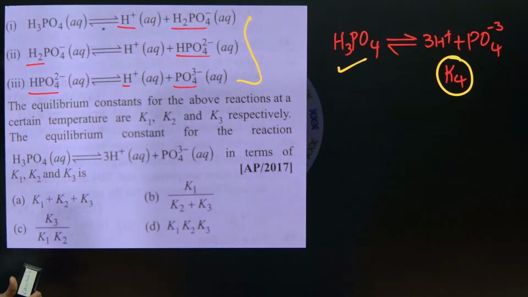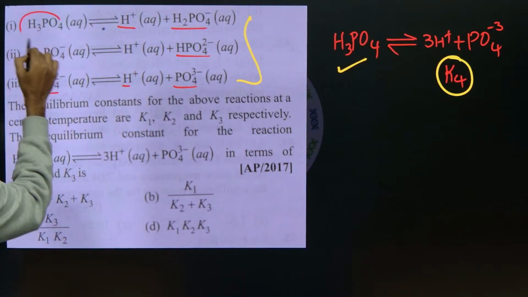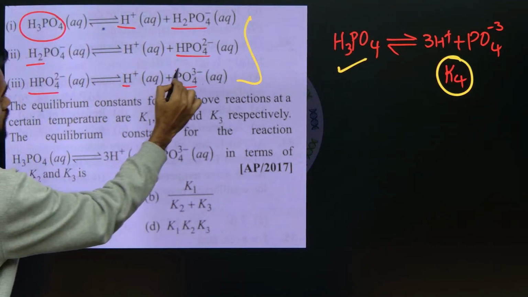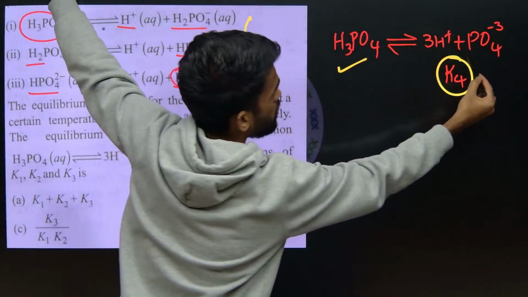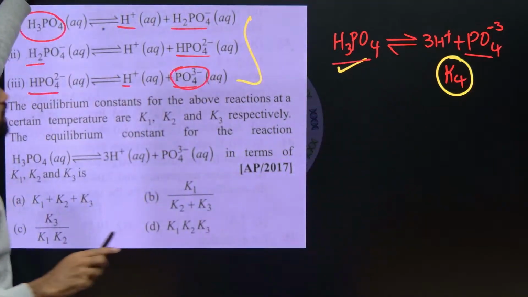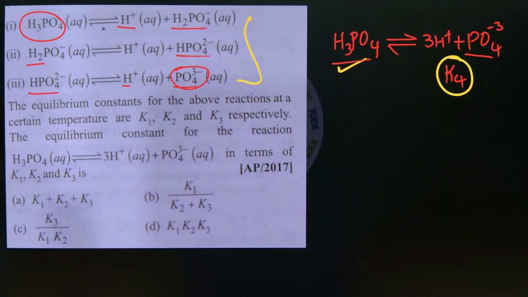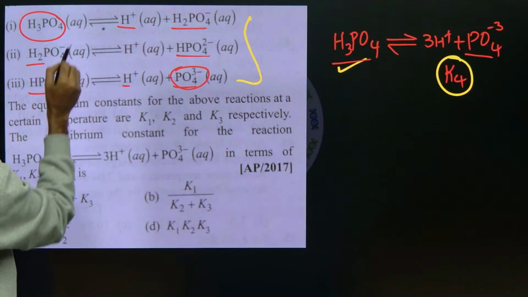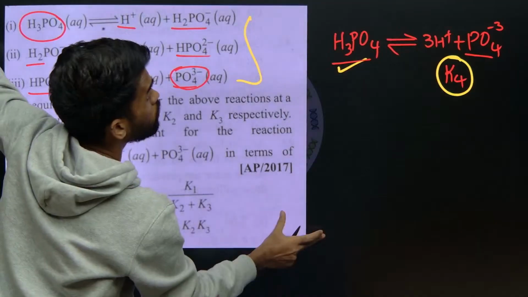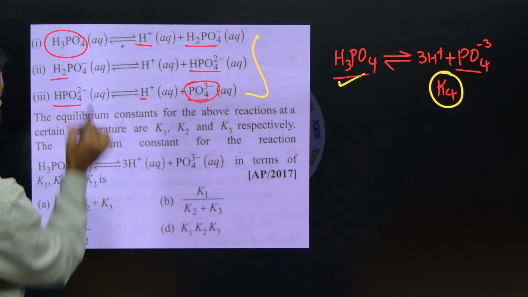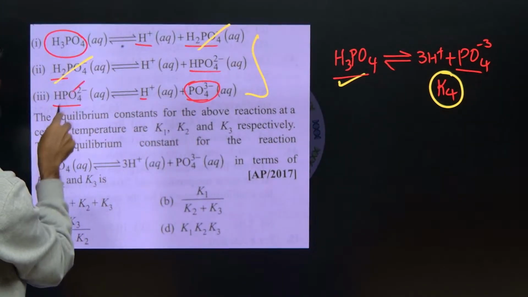Okay. It is nothing but the reaction started with the starting material here and ended up with its phosphate, that is nothing but the ending material here right now. So simply just multiply these three reactions so that you will get that equation. See this one, this one, this one, this one.